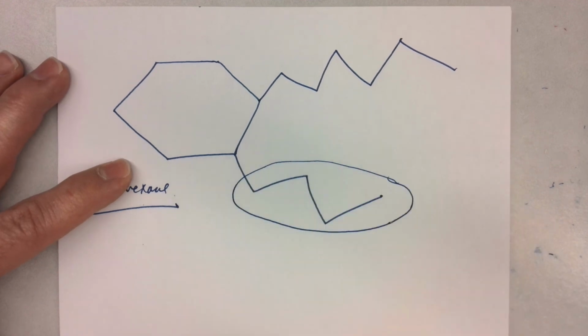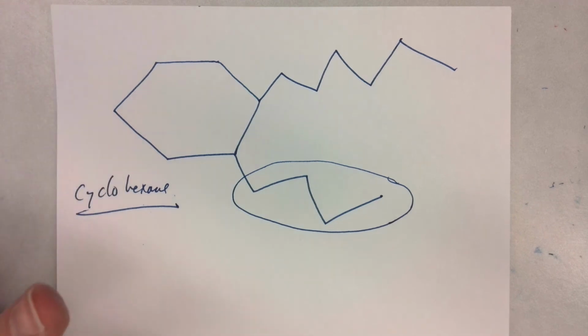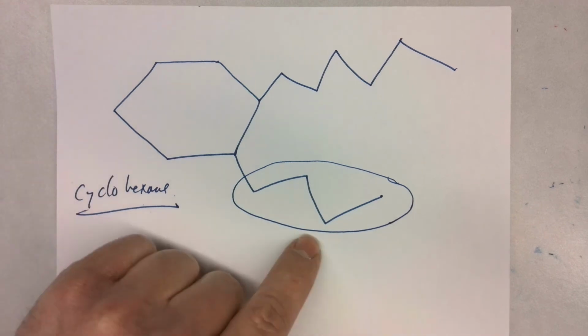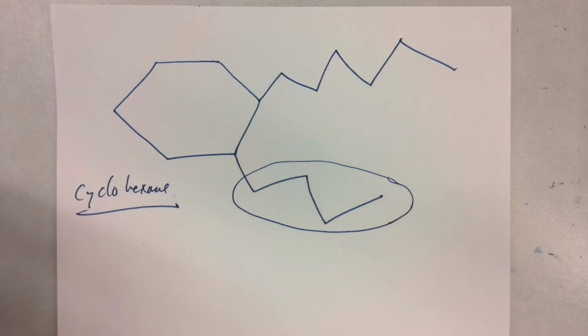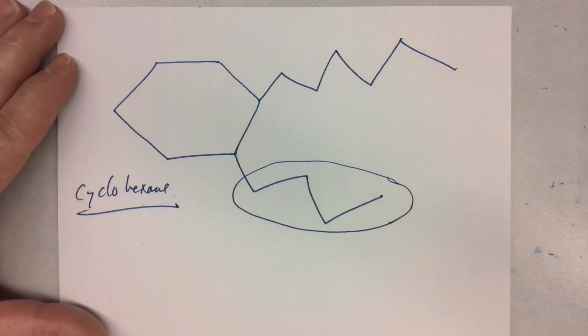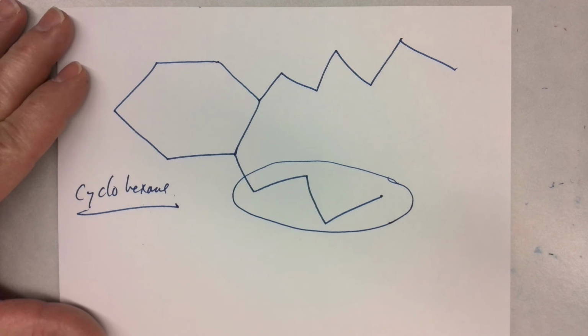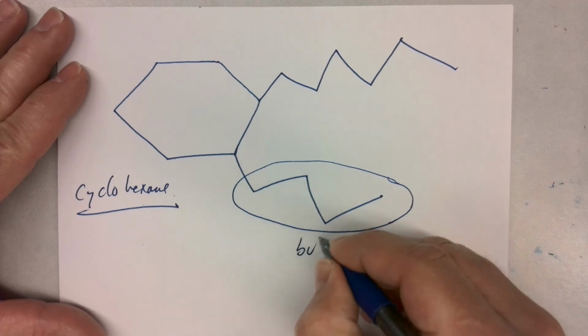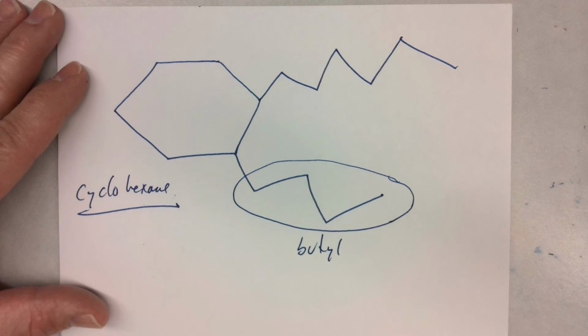So I look at this. How many carbons are in that branch? 4, right? 4 makes it a butane, but because it's a branch, I change the ane to what? To what? Yl. So instead of butane, it becomes butyl, right?